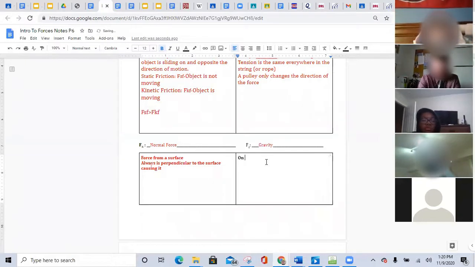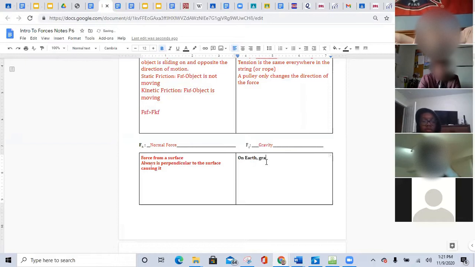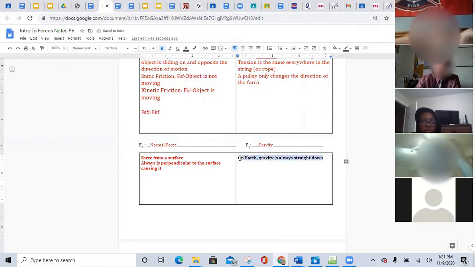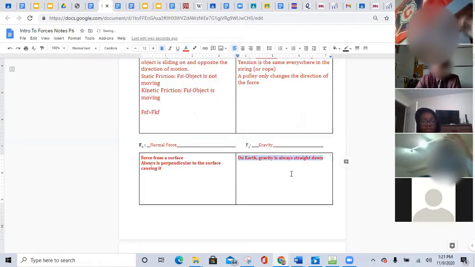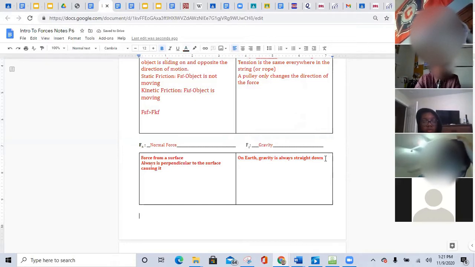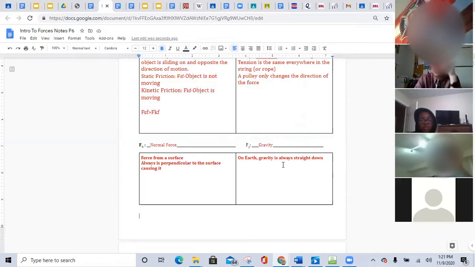And on Earth, gravity is always straight down. This may be intuitive, but it's important to note. It's going to help us solve problems later, thinking about surfaces, angles and ramps. A lot of people want to put gravity in the wrong direction. Gravity is always straight down.